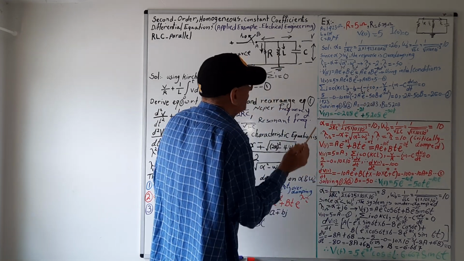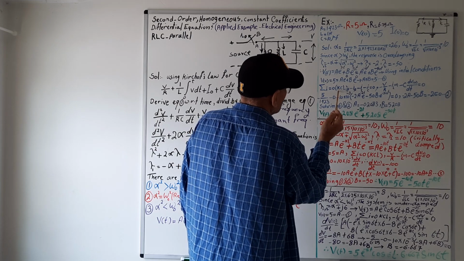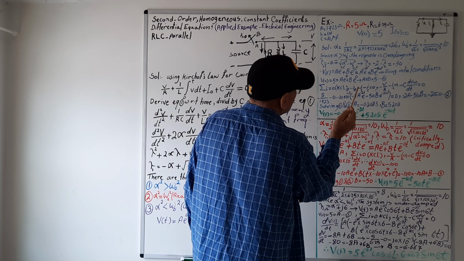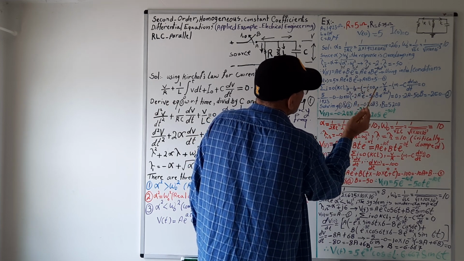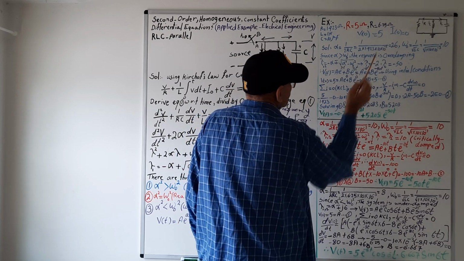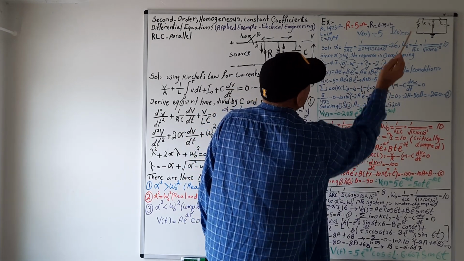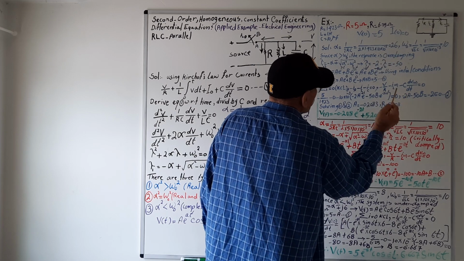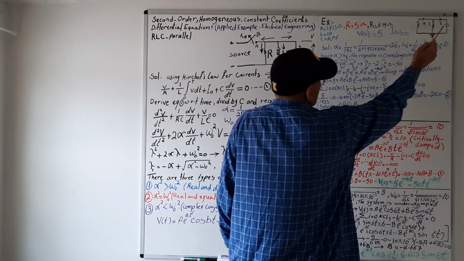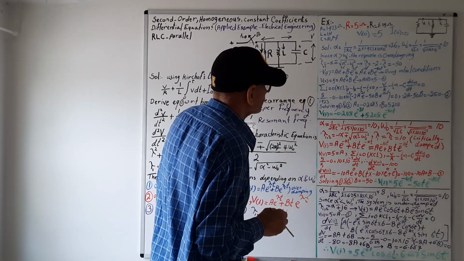And then we have the summation of currents equals 0, Kirchhoff's law. So this is the current: I_R minus I_L minus I_C equals 0. The current through the resistance will be V over R, the current through the inductance is 0, and the current through the capacitor is C dV over dt at time equals 0.